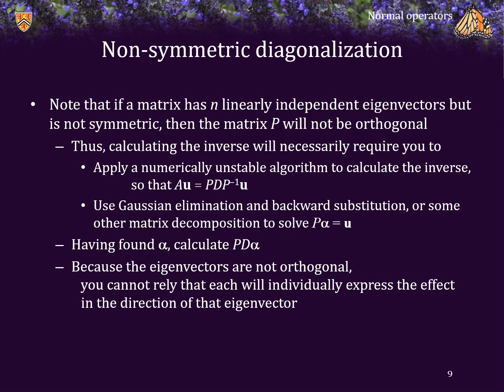Now, because the eigenvectors are not orthogonal to each other, you cannot rely that each will individually express the entire effect of the linear operator in the direction of the eigenvector in question.